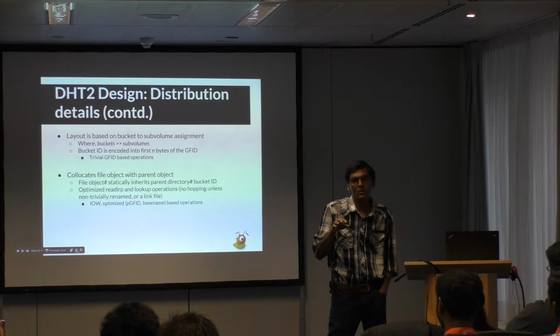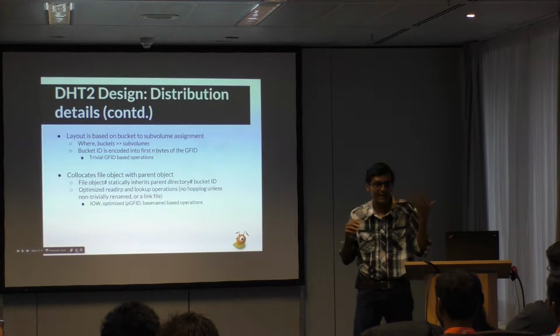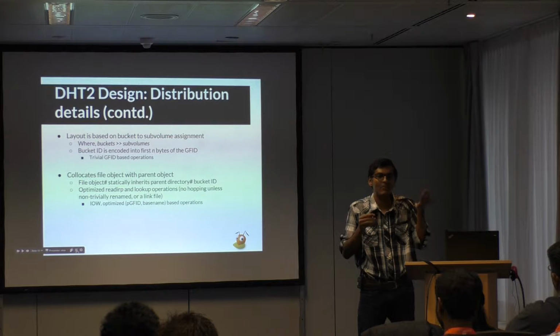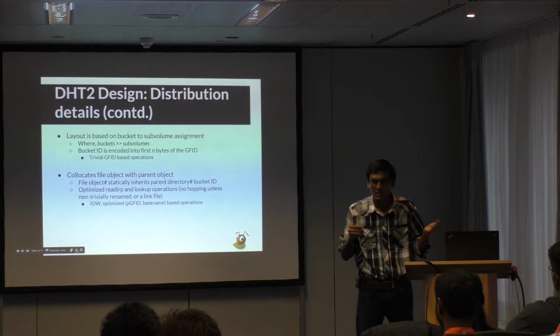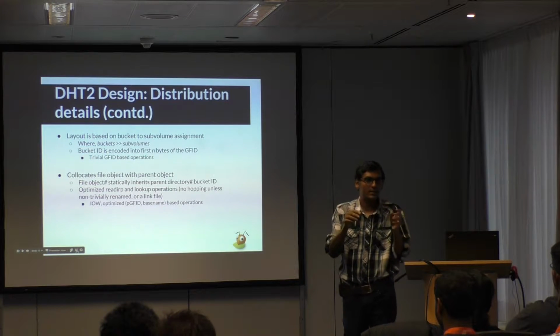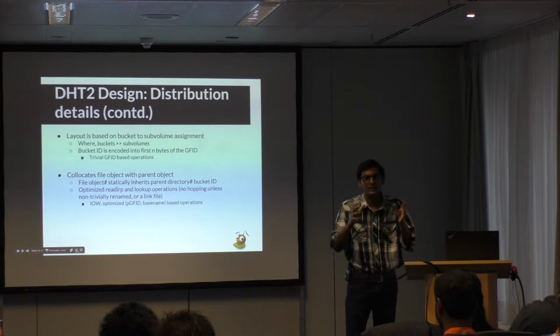So what we additionally do is we co-locate the file inodes under the parent directory. And how we do it is simply using the same bucket number as the parent during the creation of the file, which is what I'm talking about as statically inherits the bucket ID of the parent. So, at point of creation, it inherits the bucket ID of the parent.